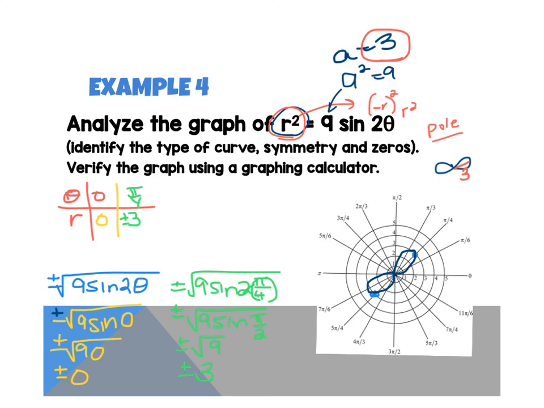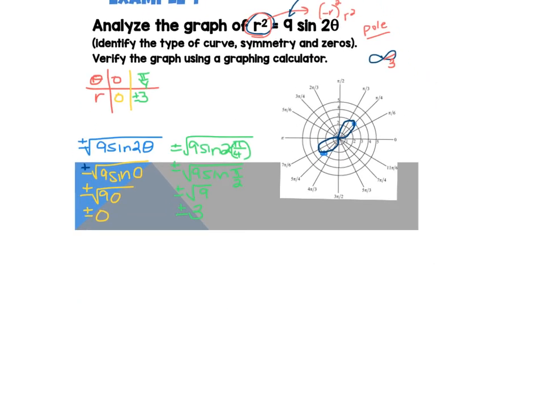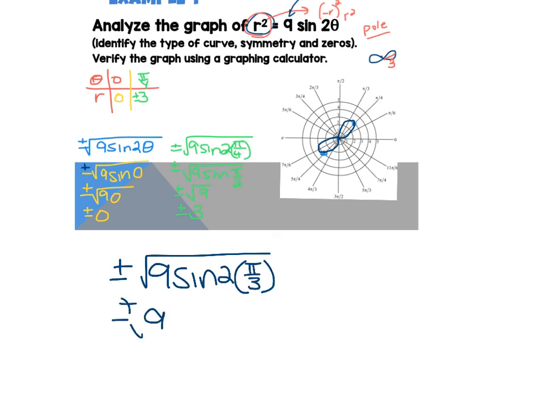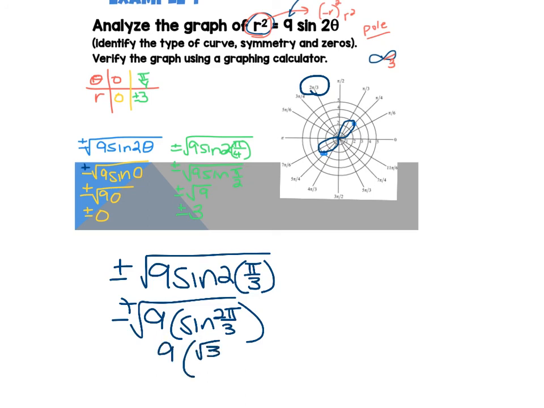So if I wanted to plot some points in between, let's say I wanted to plot pi over 3 or something like that, I'd get plus and minus the square root of 9 sine 2 times pi over 3, so plus and minus the square root of 9 sine of 2 pi over 3. At 2 pi over 3, which is over here, the sine is a positive root 3 over 2, so I'd get 9 times root 3 over 2. And this is where it gets a little bit shakier.